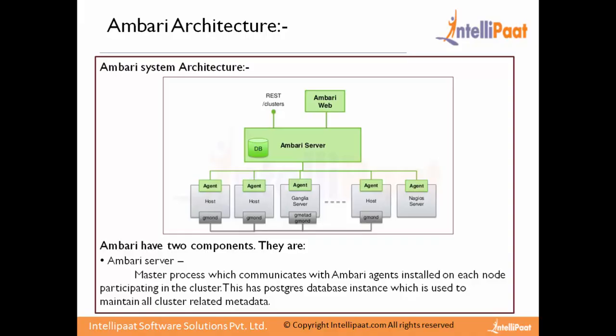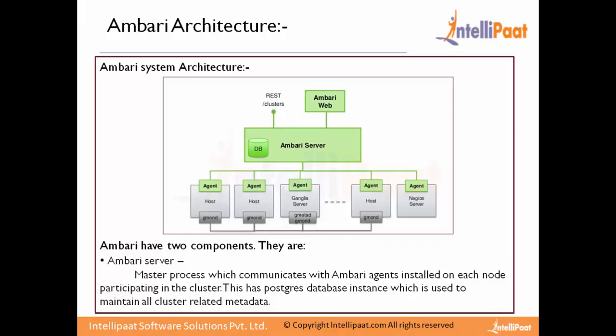Ambari server is installed on any node outside the cluster from where it can access the entire cluster for installation and configuration. And Ambari is a tool to manage and monitor a Hadoop cluster. The Ambari agent also sends a heartbeat to the server to let it know that the node is available for performing tasks. And the Ambari agent also runs on the nodes, performing different operations and tasks on orders from the Ambari server itself.